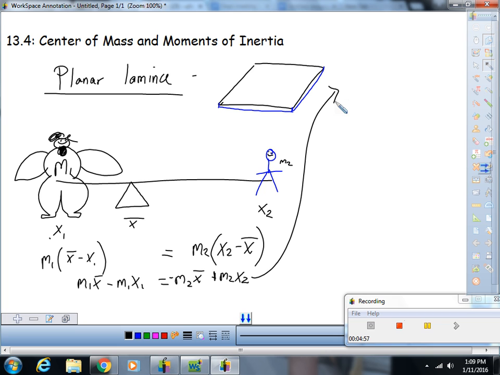So if we moved everything over and cleaned it up and solved for it, we would end up getting x bar is equal to m1 x1 plus m2 x2 over the sum of our masses. Okay? So that's how we would find our position x bar.